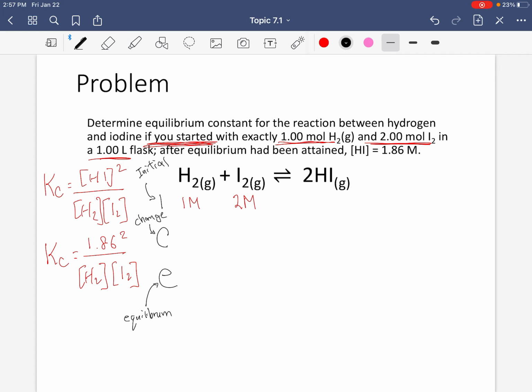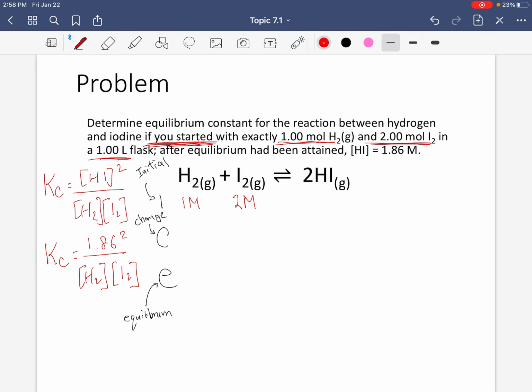Hence ICE. So initially, let's do this carefully. You have two reactants in a reaction vessel. You're going to put in 1 molar worth of H2 and 2 molar worth of I2.